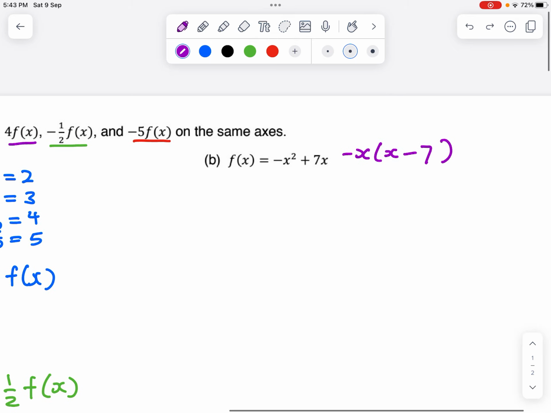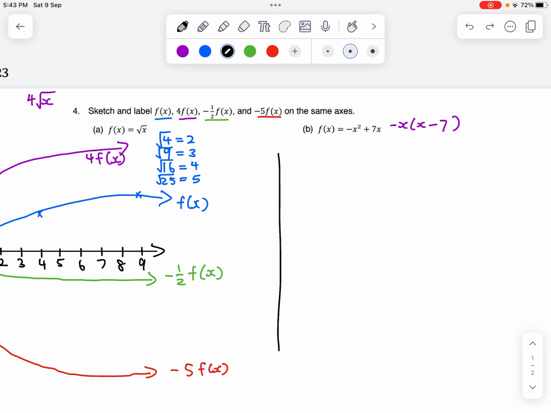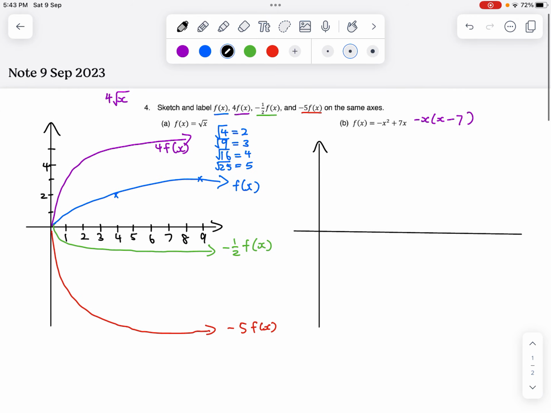So let's try to draw the axis again, like that, and like that. Is it straight? Oh well, never mind.